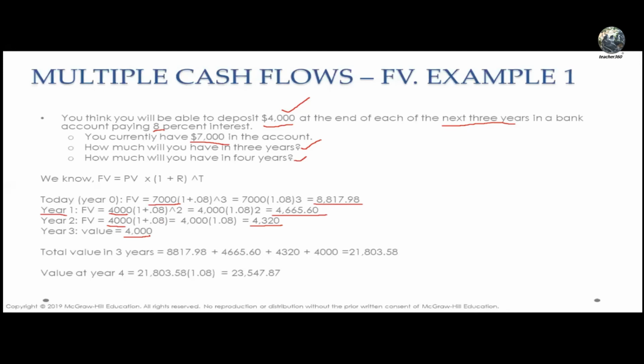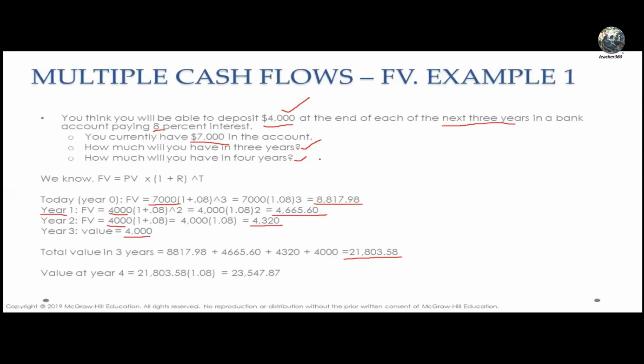So this 4,000 is equal to its future value in the last year. If you sum these up, you will get $21,803.58 as the future value at the end of 3 years.